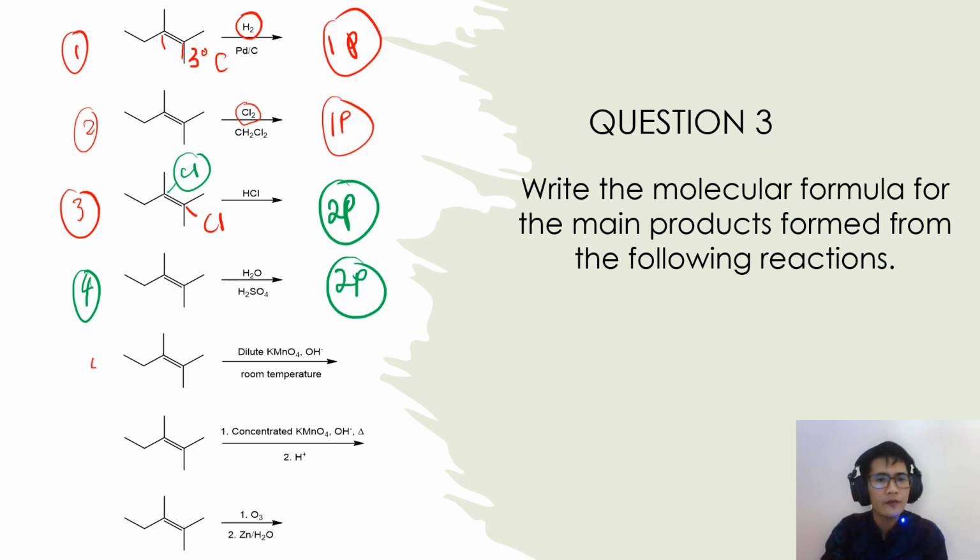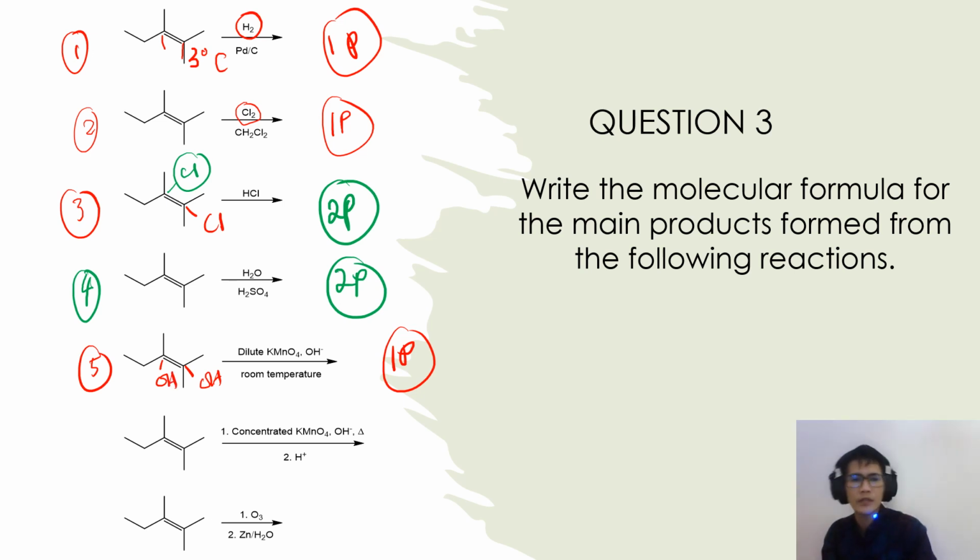Number 5, it will be back to one product, because the addition is the same element, which is the OH and also the OH, the same group of atoms, which is the hydroxyl group. So it will produce only one product.